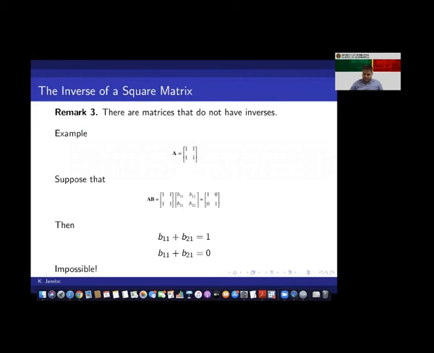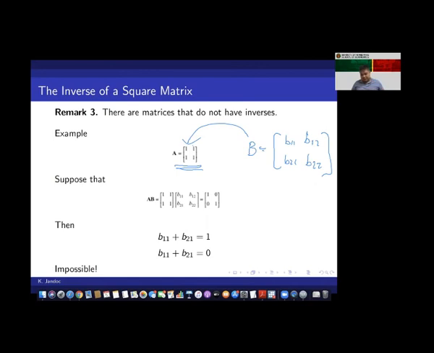So for example, this matrix where we have 1 in all of the entries, a 2 by 2 matrix with ones in them. Now suppose B is a matrix with entries B11, B12, B21, and B22.